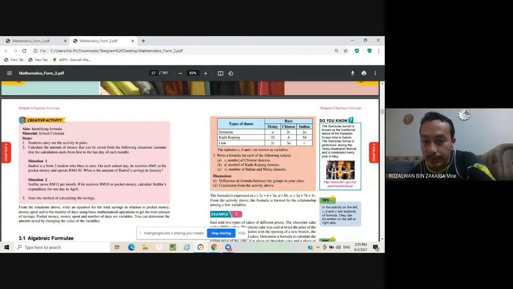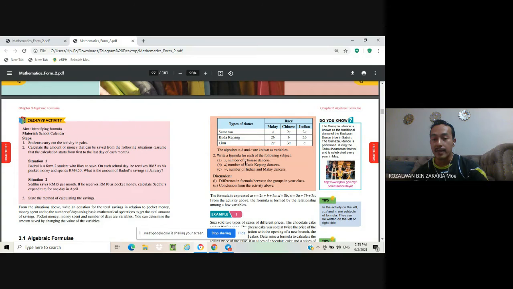So to calculate the numbers of Chinese dancers, we have to add this, 2C plus B plus 3A. That means 2C is the number of students that choose Sumazau, B is the number of students that choose Kuda Kepang, and 3A is the number of students that choose Lions.